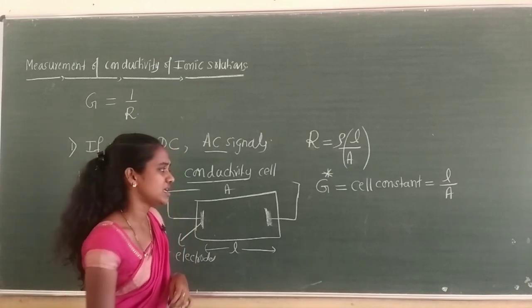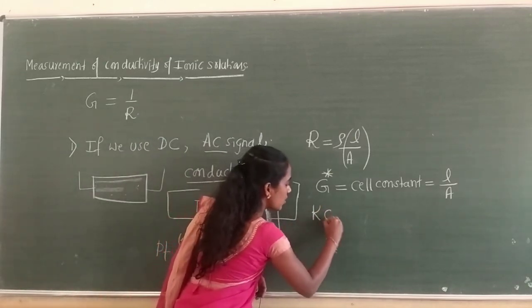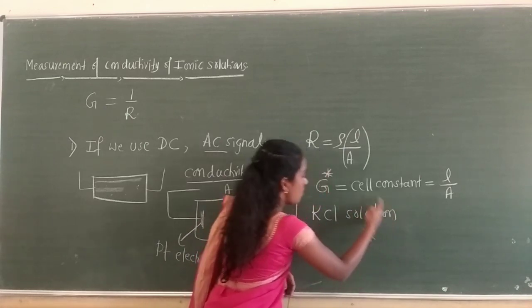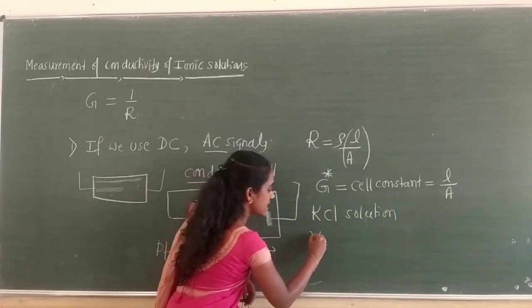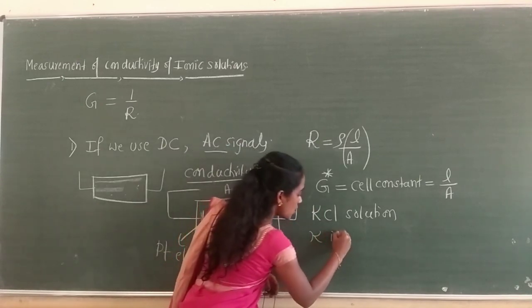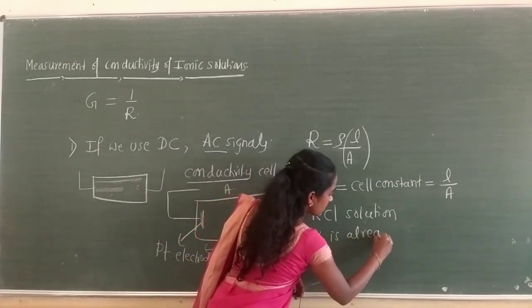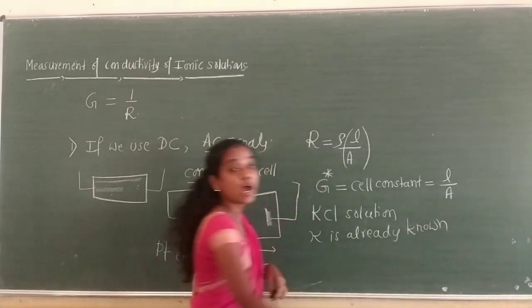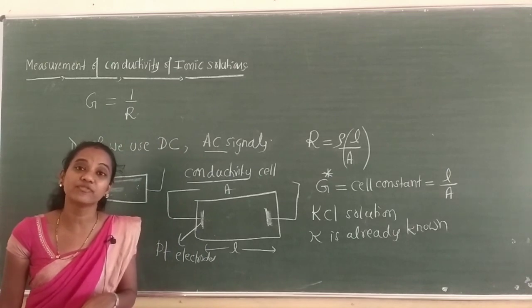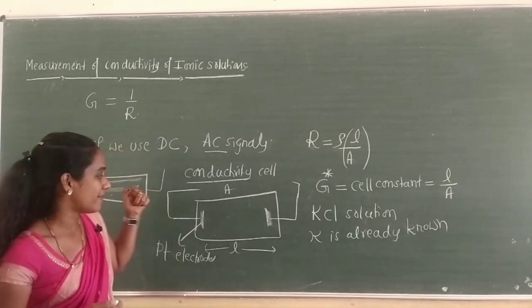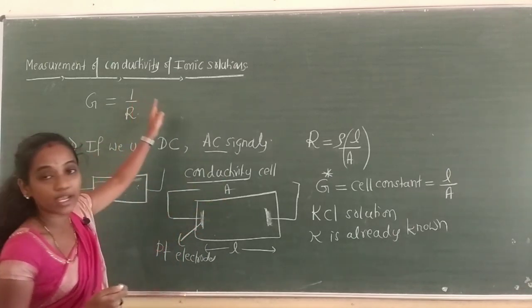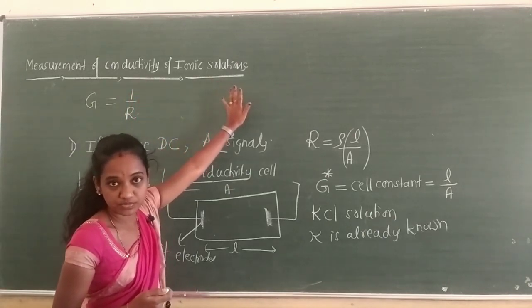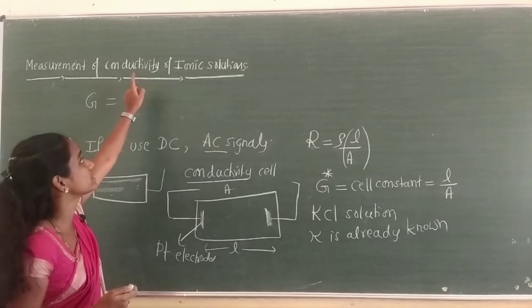Generally we use potassium chloride solution, whose conductivity, kappa, is already known at various concentrations and at different temperatures. Our aim is to find out the resistance, because we need to calculate the conductivity of any ionic solution. Directly we cannot calculate the conductivity.